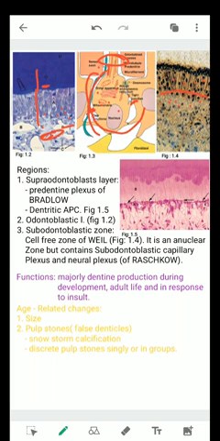Now, what is the function of your pulp? I told you primarily dentin production during development, during adult life, as well as in response to insults. Remember, tertiary dentin. Now, what are the age-related changes accompanying the dental pulp? The size reduces with age. Remember that we have the formation of secondary dentin. As you grow older, the secondary dentin is deposited, and it encroaches on the pulp. Let's use this diagram for example.